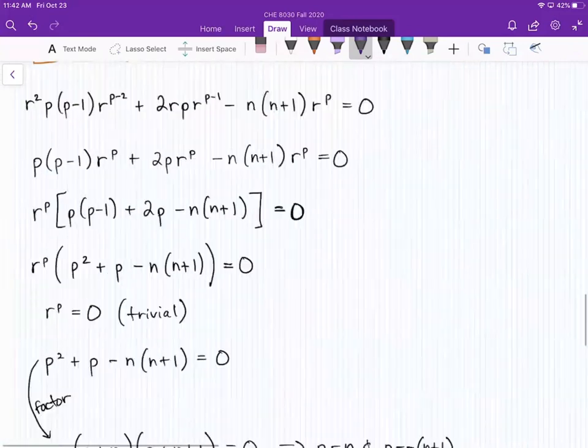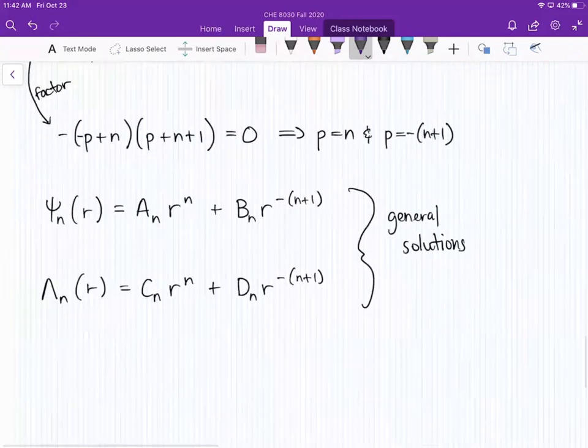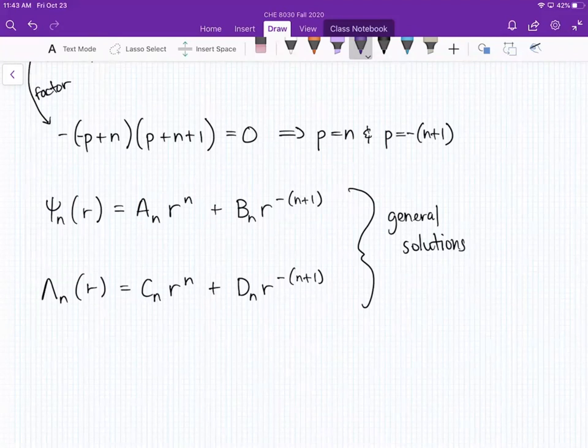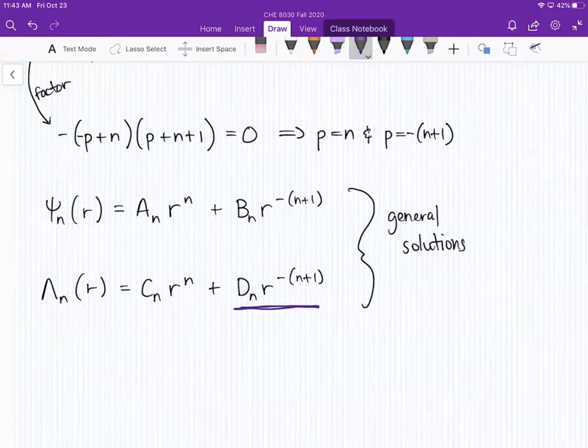So if I come back down to the general solution for the temperature inside my sphere, I see that as r goes to 0, this term here with the negative exponent blows up, right? It goes to infinity. I end up with some unknown constant over 0.